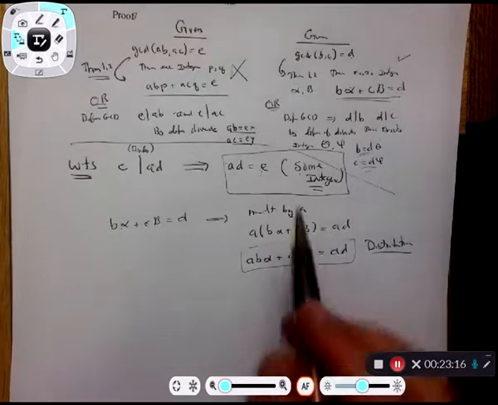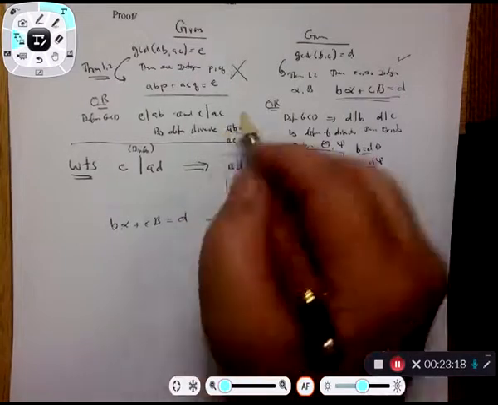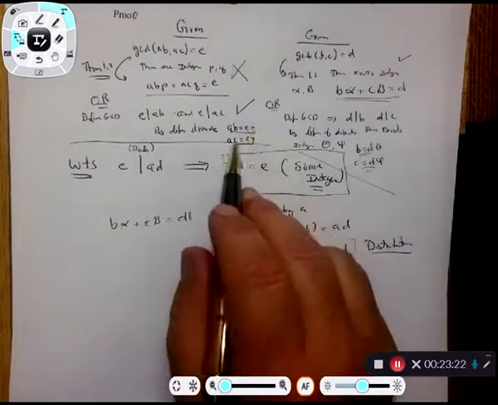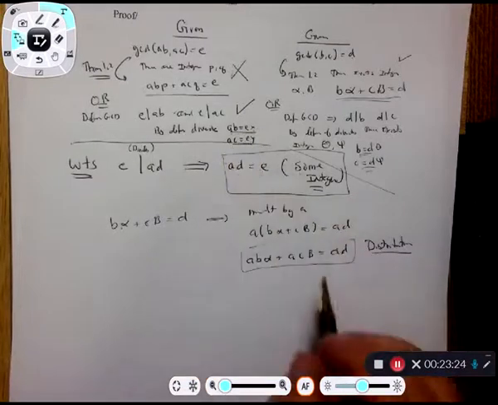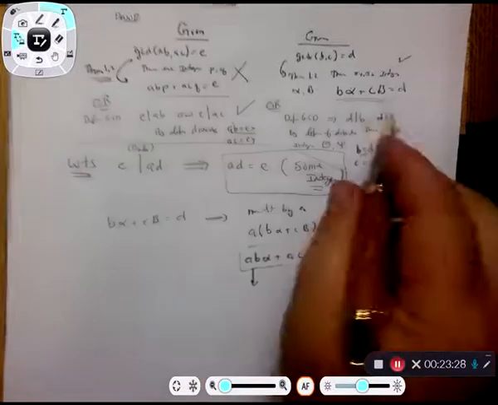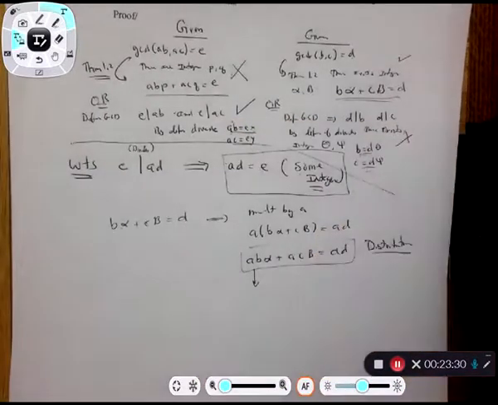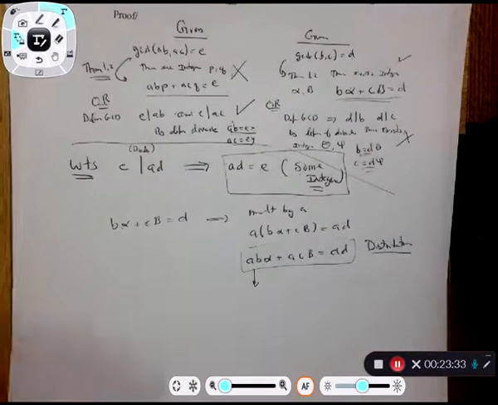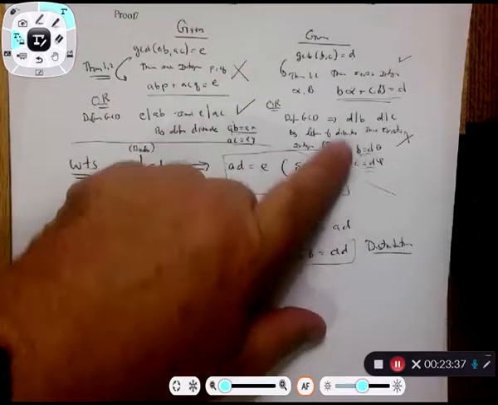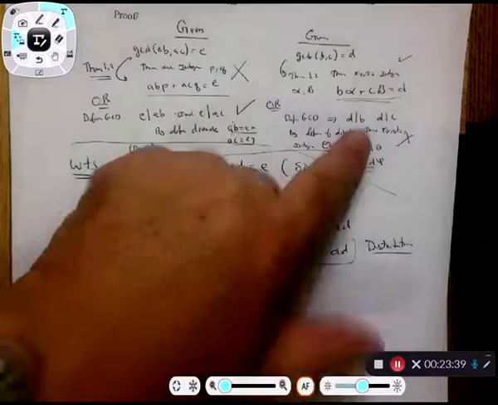Notice that AB can be substituted by EX, and AC by EY. I've got an AC and I've got an AB, so I want to use Theorem 1.2 on this one and not the small-equation definition of GCD.